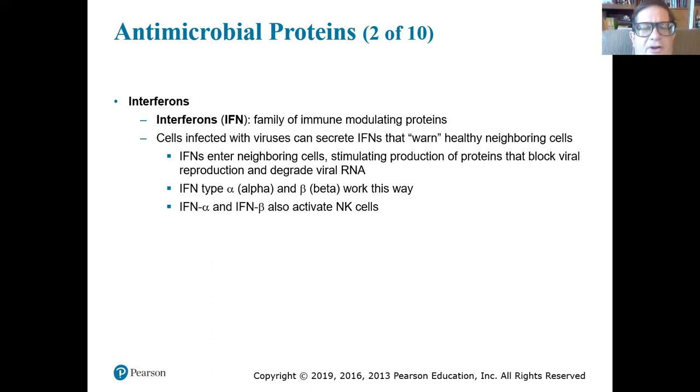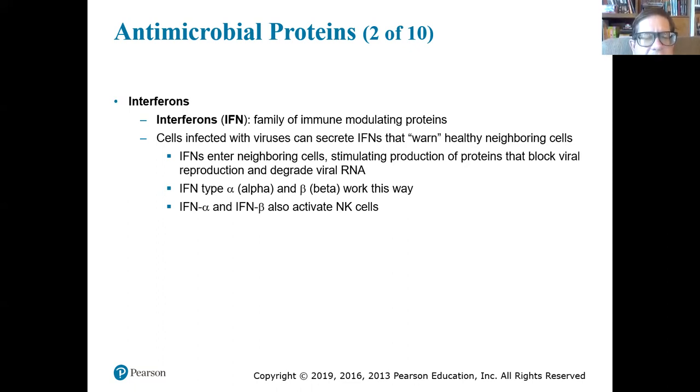Interferons are a family of proteins that, if a cell is infected, it can send out to warn its neighbors, I'm under attack. They're coming for you, get ready to fight. So interferons will go into a neighboring cell. They will tell that cell to make proteins that will block viral reproduction and break down viral RNA.